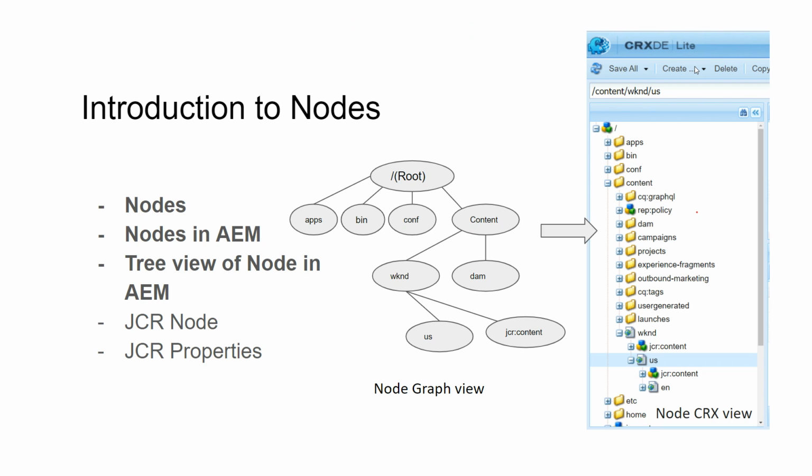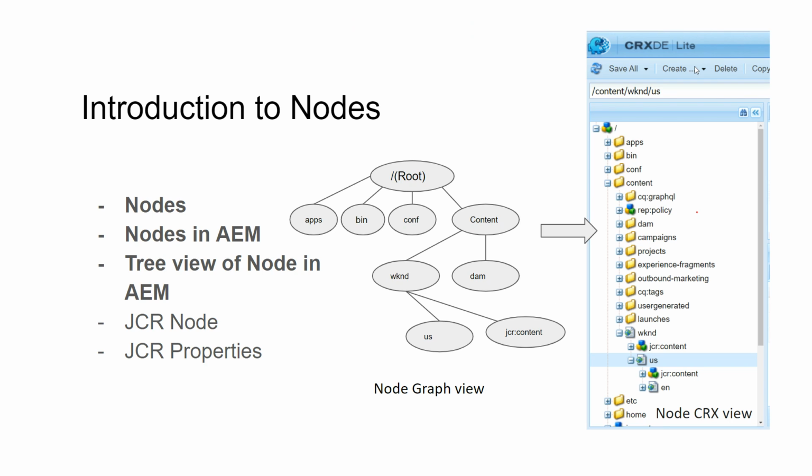If you go to the CRXDE view of your AEM server, every detail in your server is stored as a node only. These can be called CRX nodes, JCR nodes, AEM nodes, or simply a node in the AEM context.